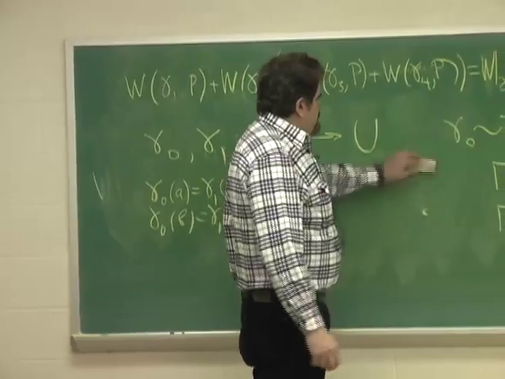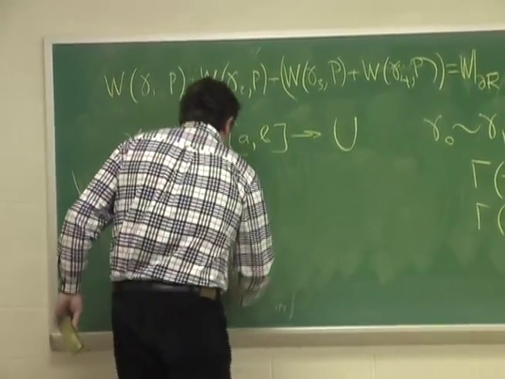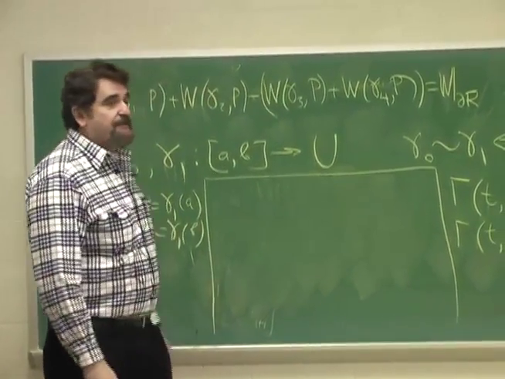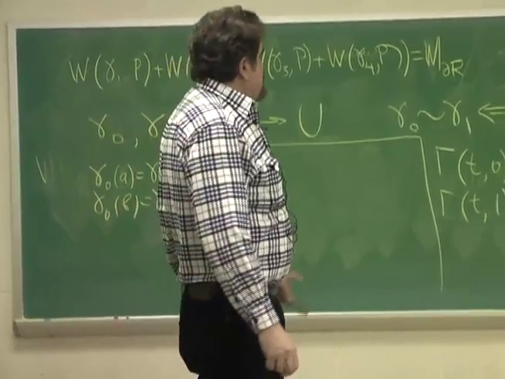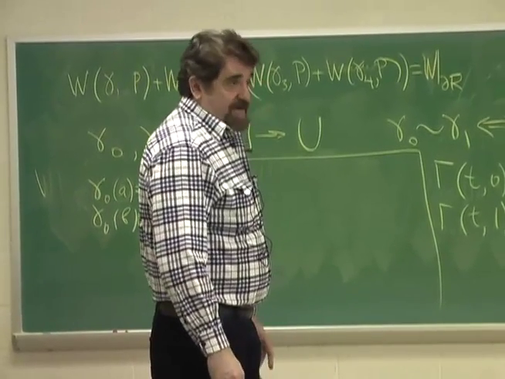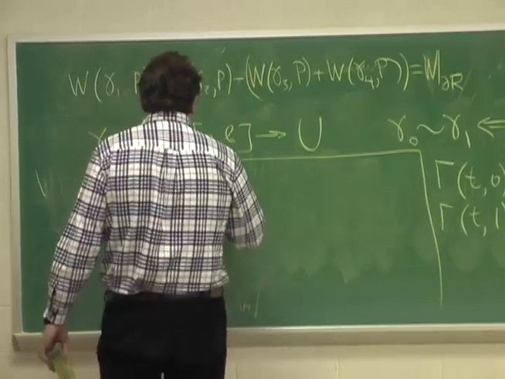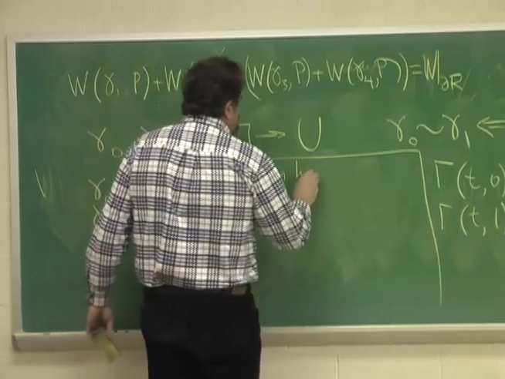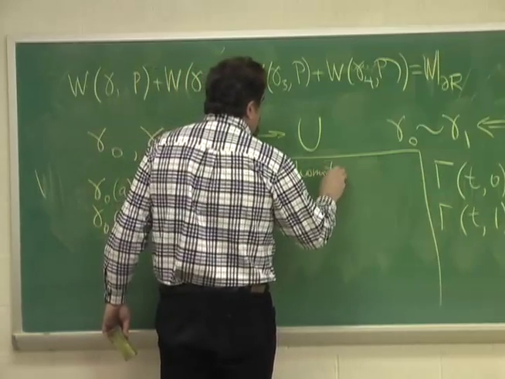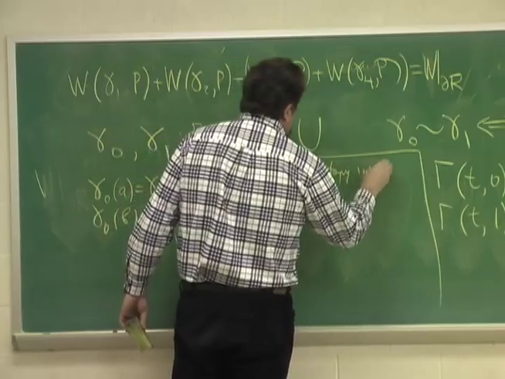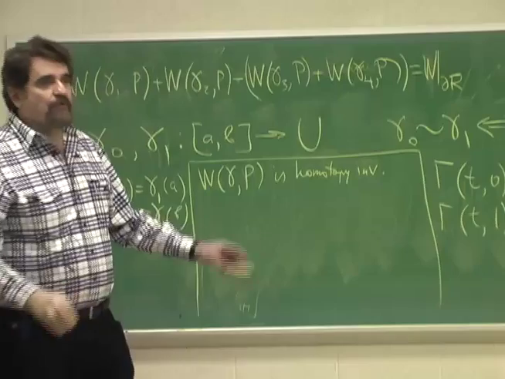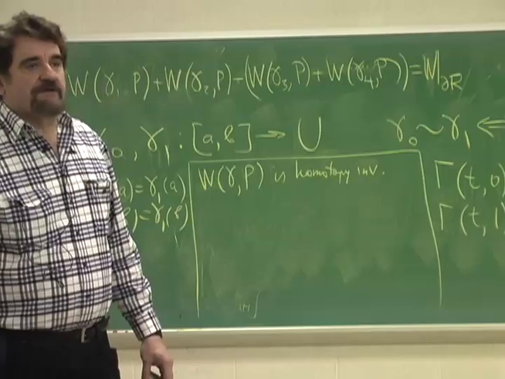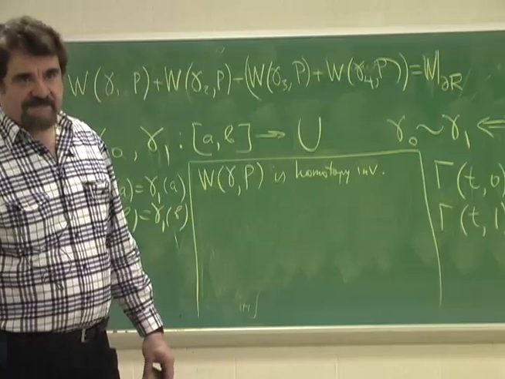Now I need to prove a fundamental result, which is actually very easy, which says that the winding number is homotopy invariant, in both cases: for closed curves, and if the curves are not closed, then I must fix the ends.